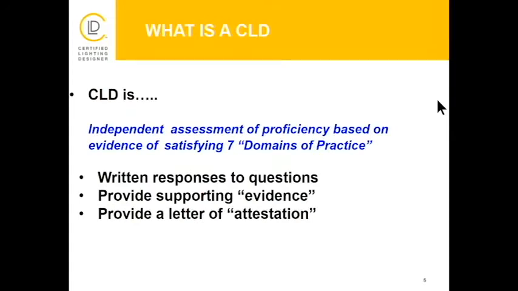So the CLD is an independent assessment of proficiency based on evidence satisfying 7 domains of lighting practice.